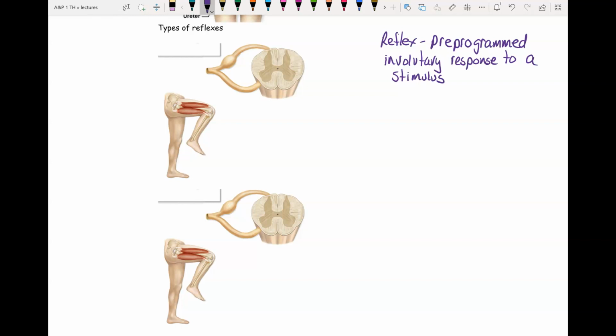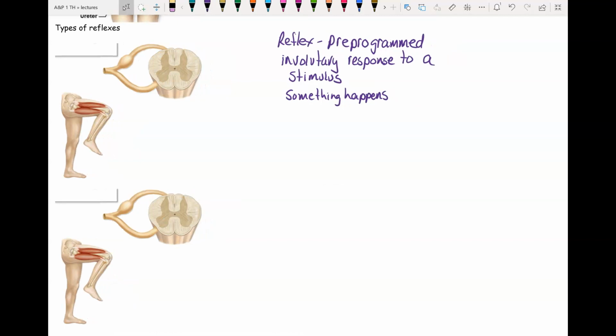So this means that something happens to you and you have receptors that detect this something that happens to you. Then your sensory neurons send a signal. And then you have a response to this.